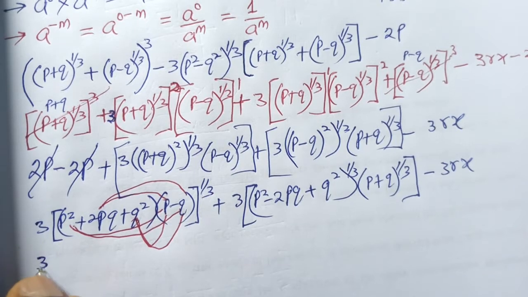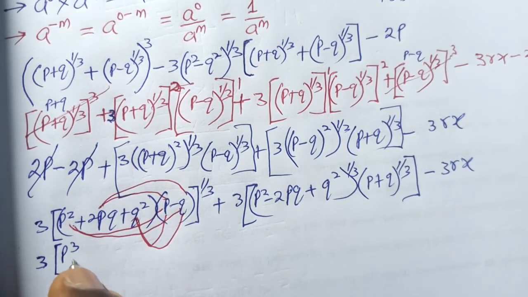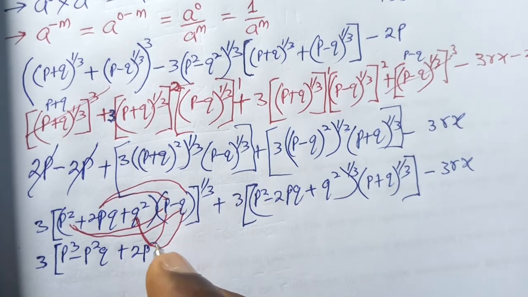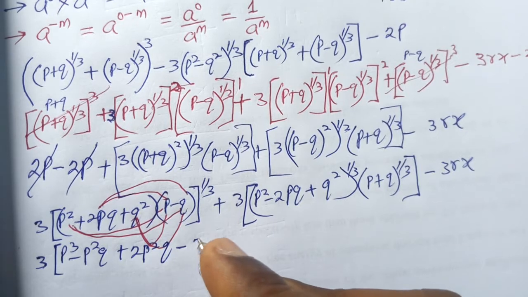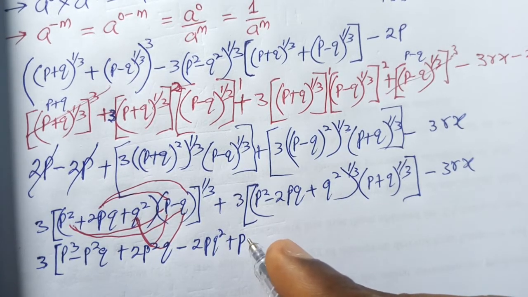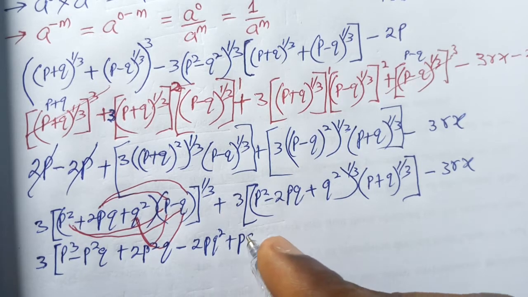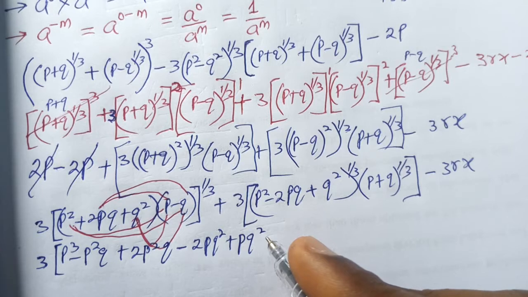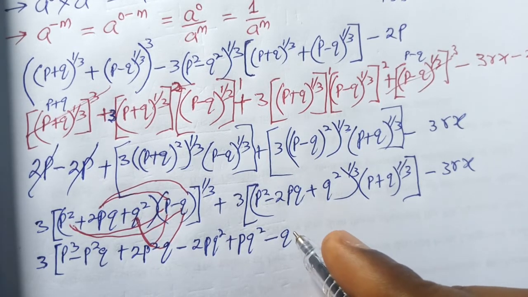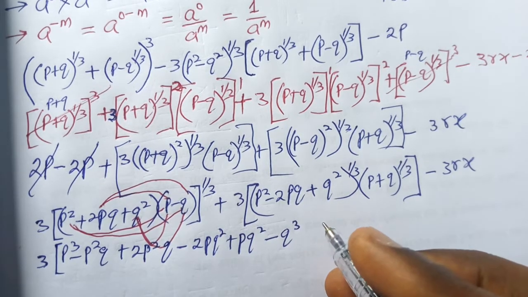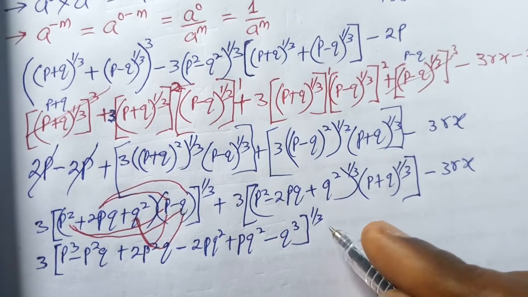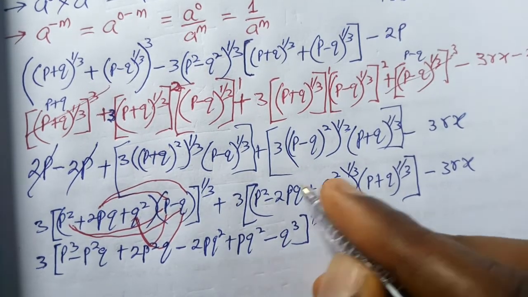If we do that, we will have 3 into p cubed minus p squared q plus 2p squared q minus 2pq squared plus pq squared minus q cubed, all to the power 1 over 3, plus 3 for this one. We open it up again just this way.